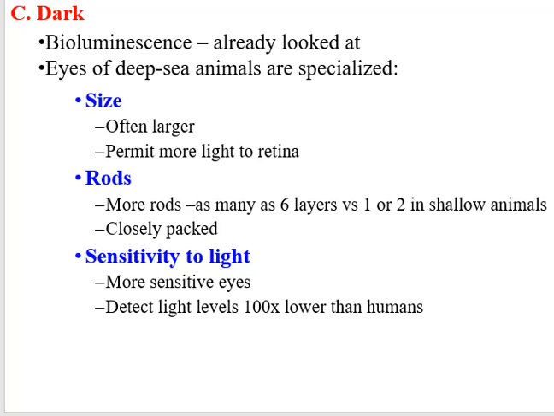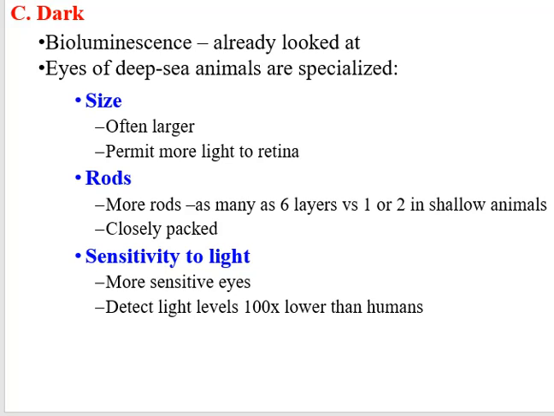If you look at the proportion of rods versus cones, some of these deep sea organisms don't have any cones. They don't need cones. So what you find is that they've got all these rods, these rod-shaped photoreceptors in their retina at the back of their eye that light hits on.